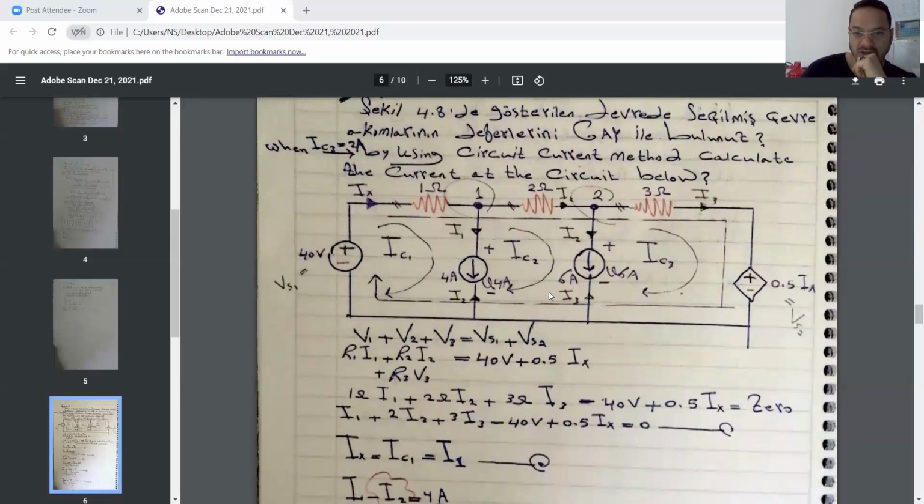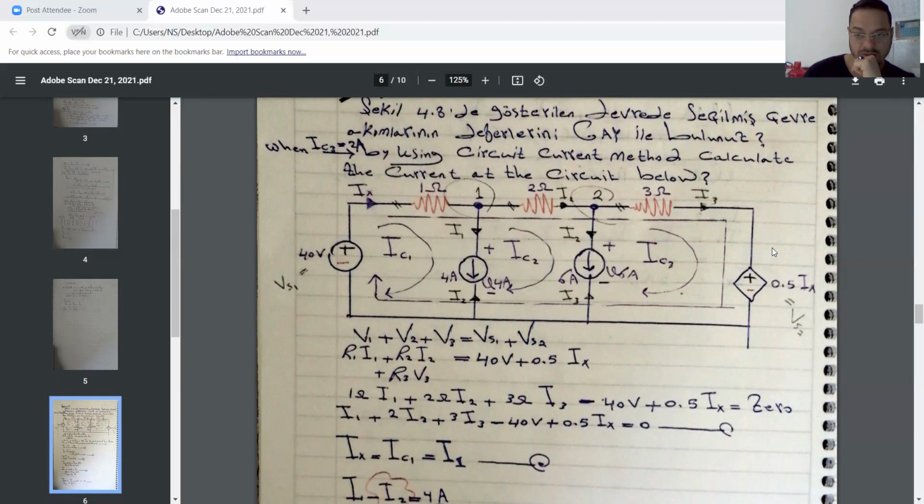And here we have 2 independent current sources. From this figure, here we have 4 ampere. That means I1 minus I2 equals 4 ampere. I2 minus I3 equals 6 ampere.